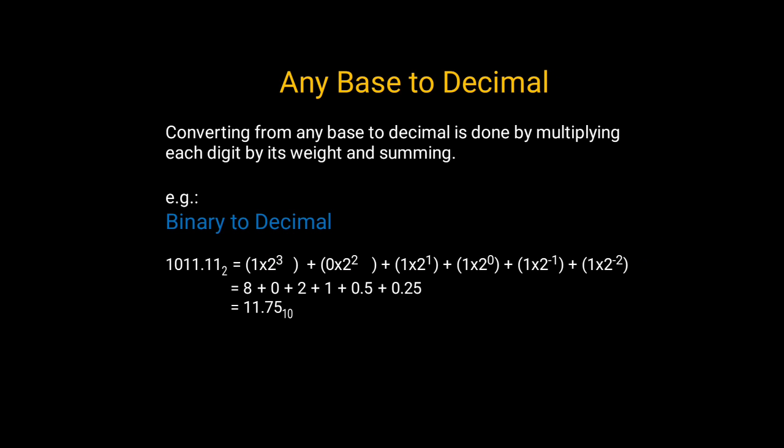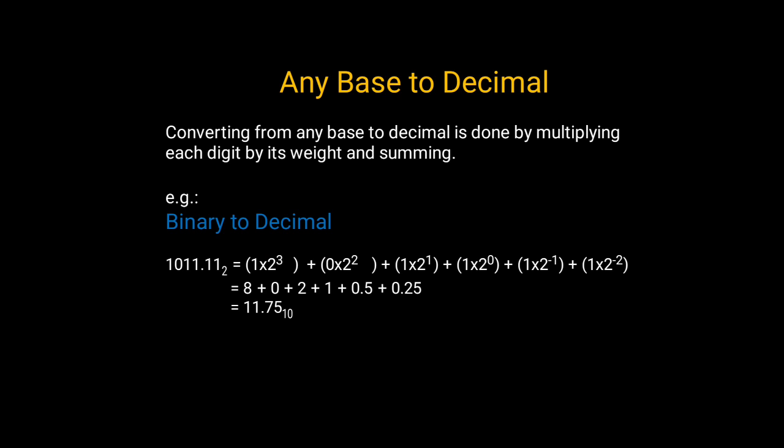So any base to the decimal. Any base means either you can convert binary to decimal, octal to decimal, hexadecimal to decimal. So for these three conversions, the procedure is same.